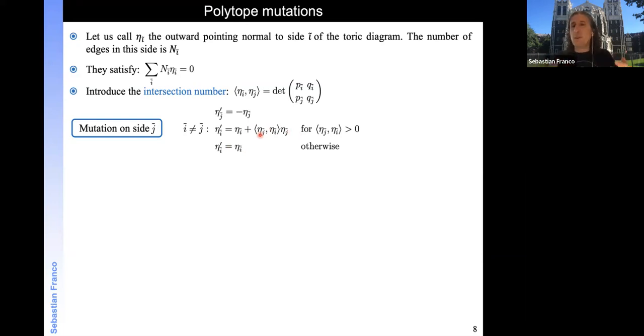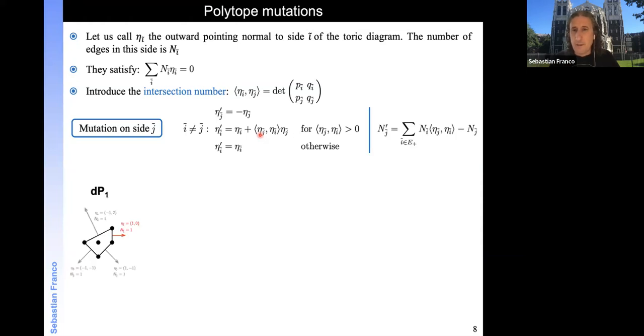This is the equivalent of doing Seiberg duality with the incoming flavors, or flipping what you call fundamental and anti-fundamental representation and doing it with the outgoing flavors. And you also modify the ranks. You also modify the number of edges in a given side according to this way.